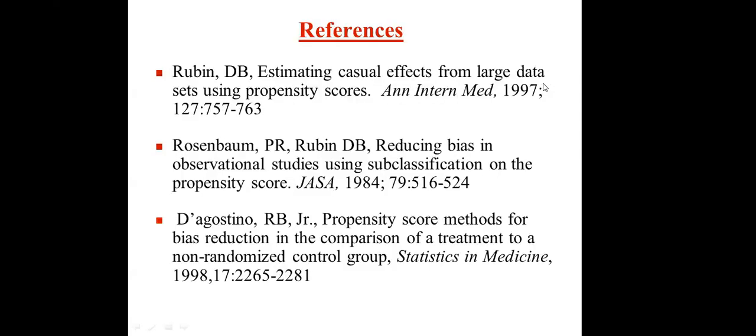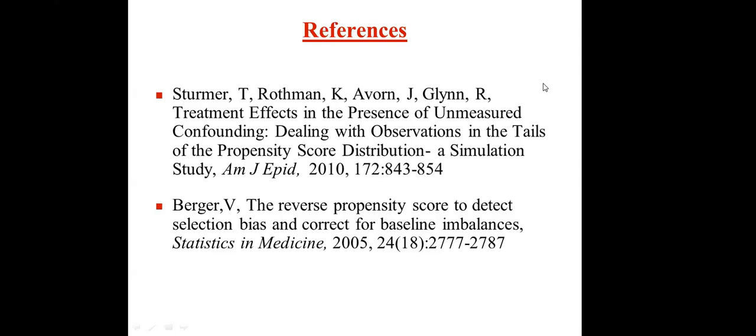So I have about 7 references, the original ones. I don't think the original one by Rosenbaum and Rubin is there. I think 1984 might have been the second one. There's 3 there. There's the one about the, actually I did mention Sturmer, but basically it's an interesting article about the tails of the distribution where there's not much overlap.